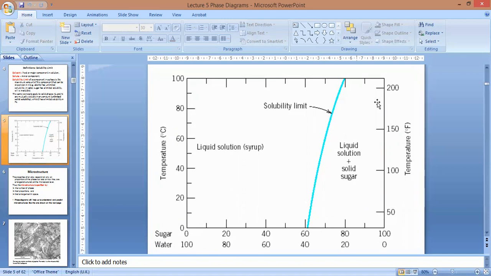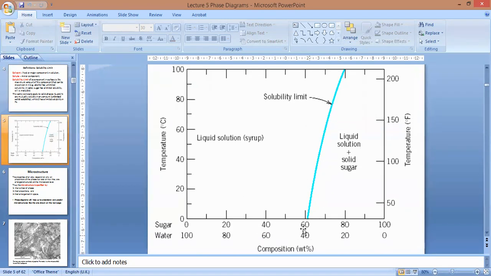The temperature is on this side. Imagine as you are adding your sugar, you have your water here at 100%. As you begin to add your sugar, this is in weight percent. As you reach somewhere here, about 60 weight percent, somewhere after 62, you reach the limit.